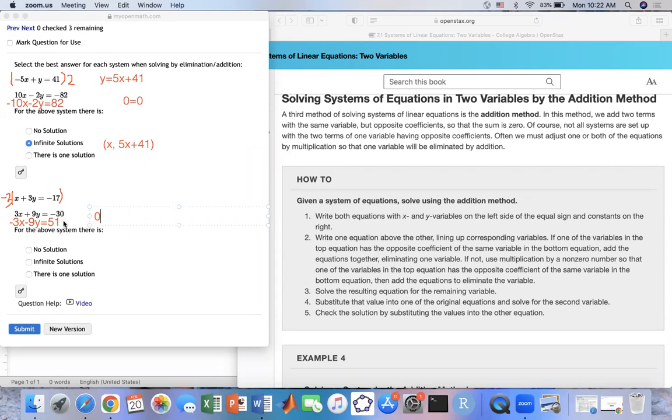In fact, it's equal to 21, and 21 cannot equal 0. So whenever you see something not true like this, the answer is no solution. That means we don't have to solve for anything else, we don't have to do anything with that, okay?